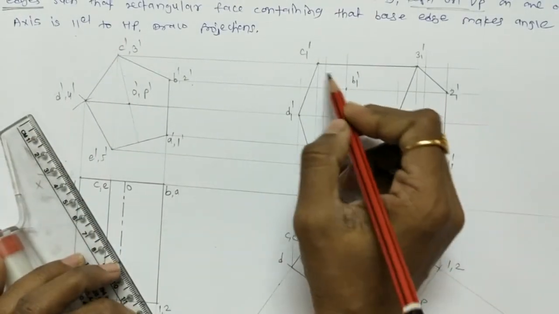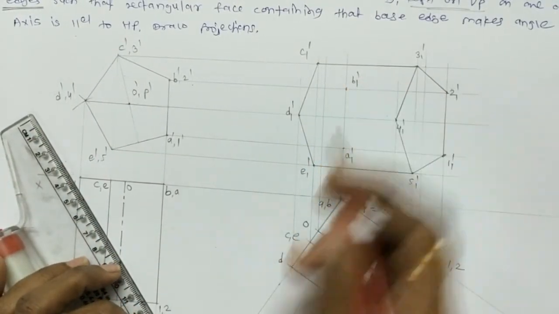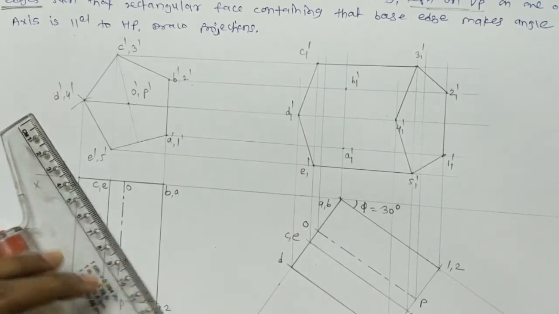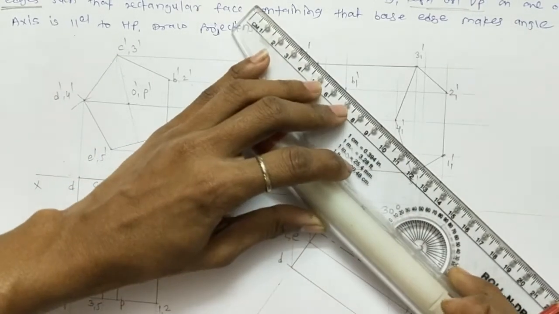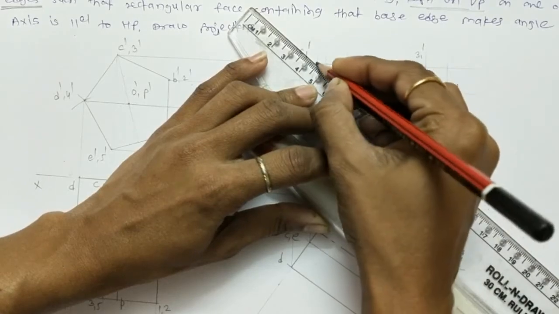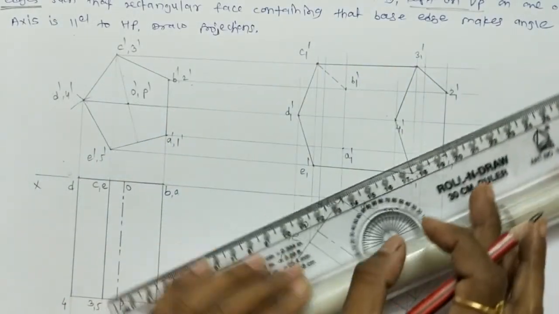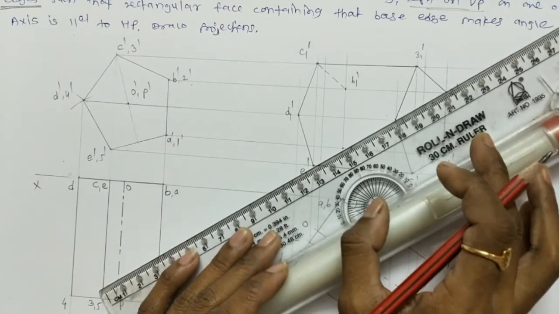This portion, inner portion is drawn by dotted lines because it is not visible when we will see from this direction. So join C1 B1 dash by dotted lines, A1 E1 dash also by dotted lines.